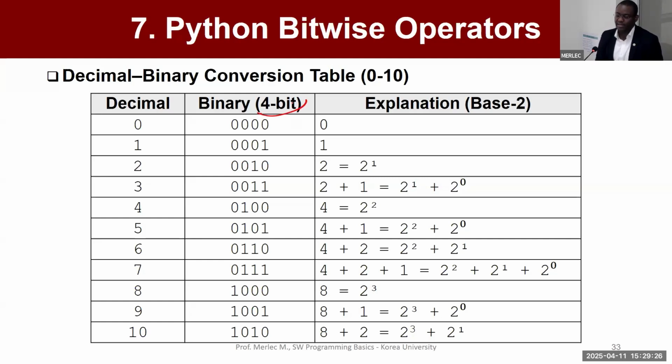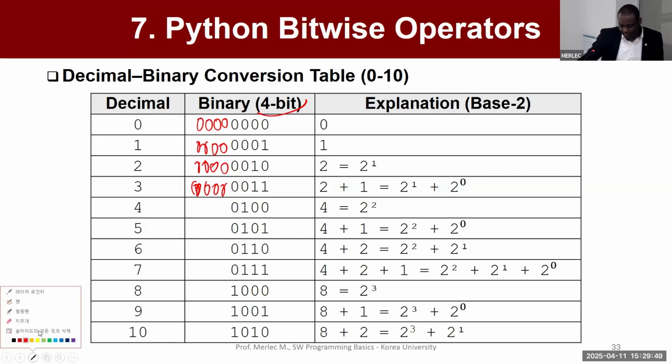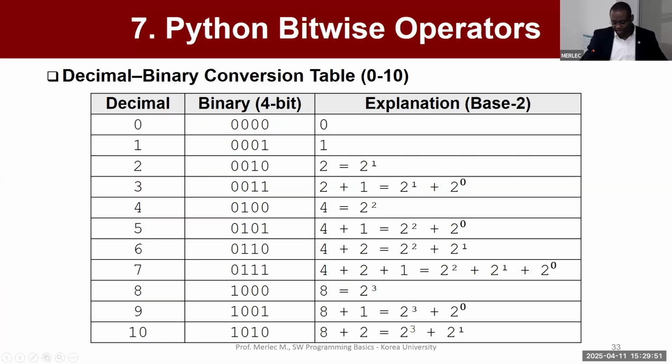If they say that you have to represent the number in 8 representation digits, just add zeros at the beginning, 4 zeros like this. So this is the 8-digit representation. If they tell you that you have to represent it in 16 digits, use 4 blocks of 0000 to represent a number.